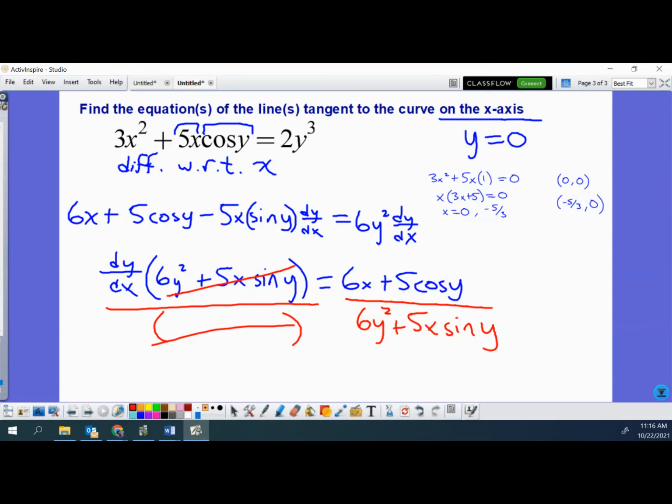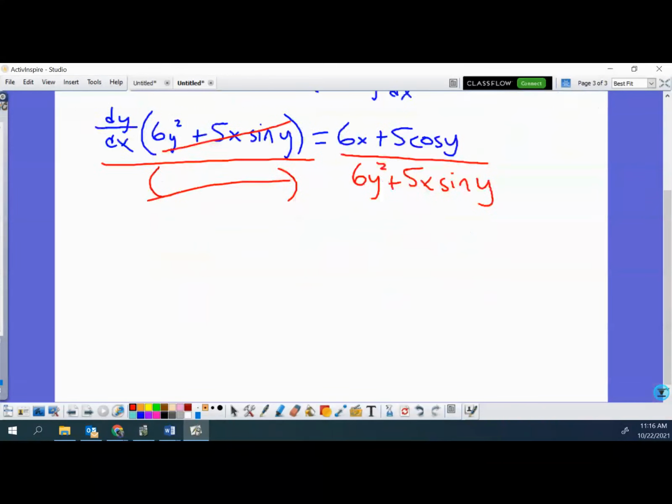My two points are 0, 0, and negative 5/3, 0. So if I plug 0, 0 in, I think this is going to be a bit of an issue here. Oh, no, we're good.